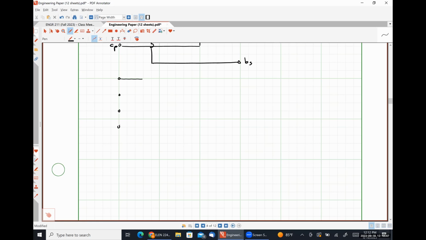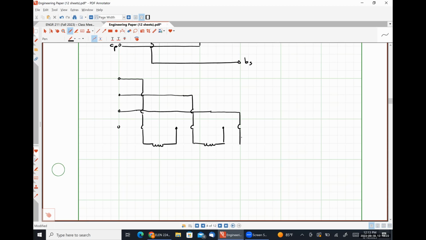All right. Jump, jump, jump. Connection. Jump, jump. Connection. Jump.